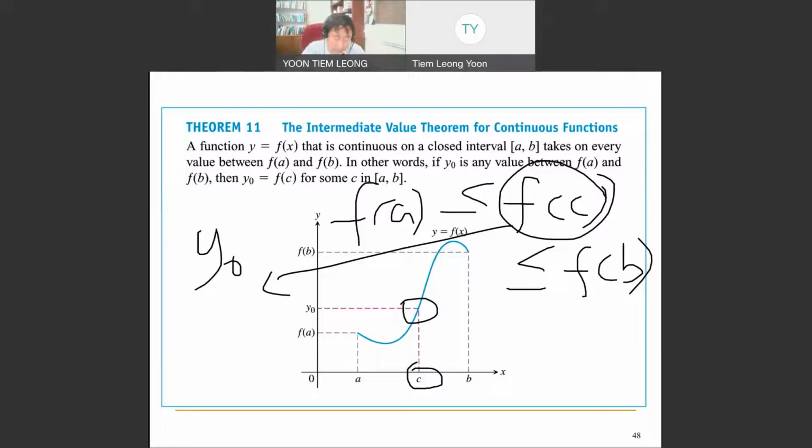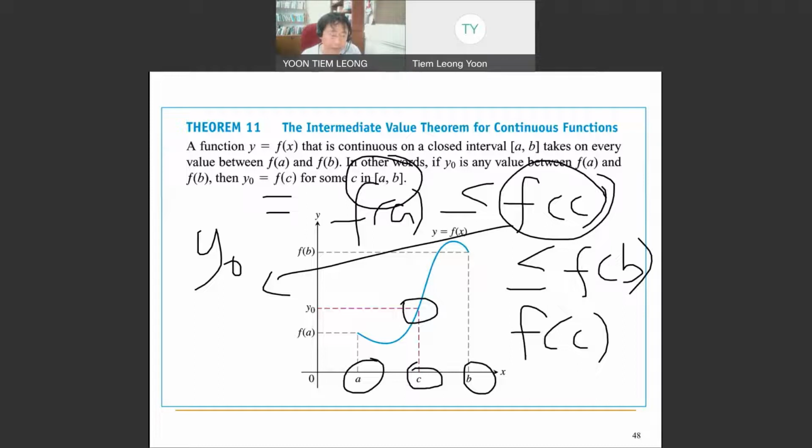In other words, if y naught is any value between f(a) and f(b), then there must be some value of c where the function is defined, for c lying in the interval between a and b. So it just means that there must be a corresponding value of f(c) defined for values of c lying between a and b, right?